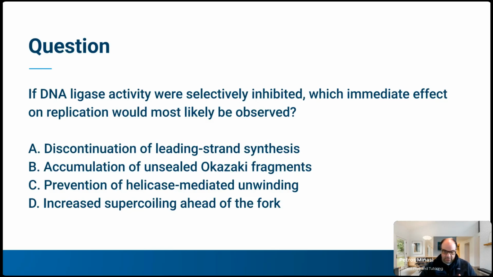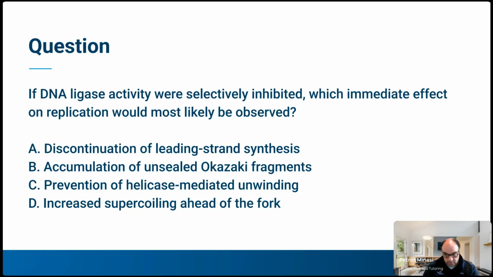There's nothing about the Okazaki fragments not being made that's stated here. It's just I know that I'm not going to be able to stick them together. So I'm going to probably have a whole bunch of Okazaki fragments that are not going to be connected to each other.